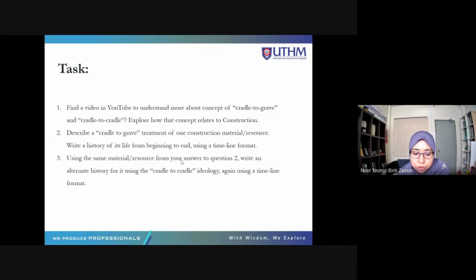You need to submit a description of the cradle to cradle treatment of a construction material or resource, one example. Write a history of its life from beginning to end using a timeline format. From number 2, when you have described it, write an alternate history for it using the cradle to cradle ideology. So, one example for construction.